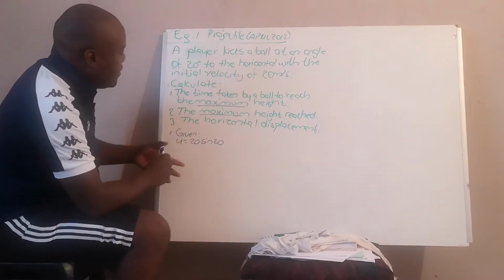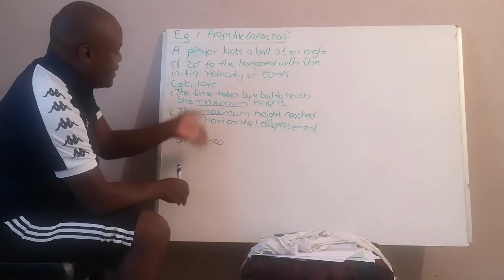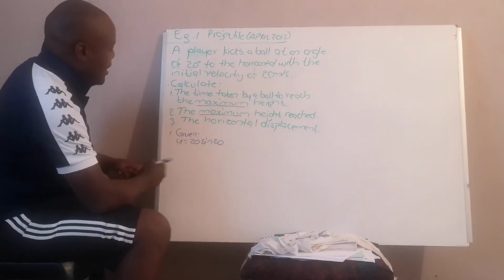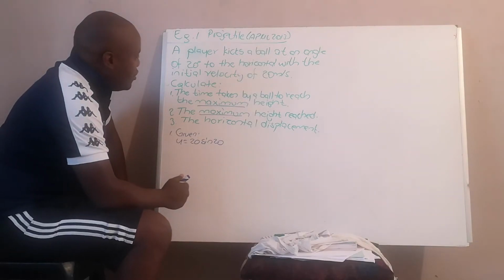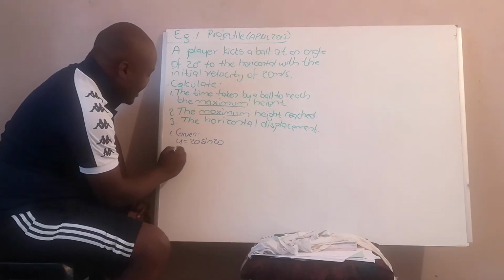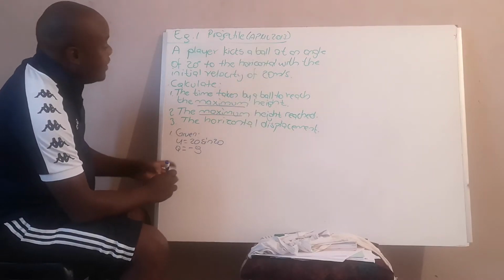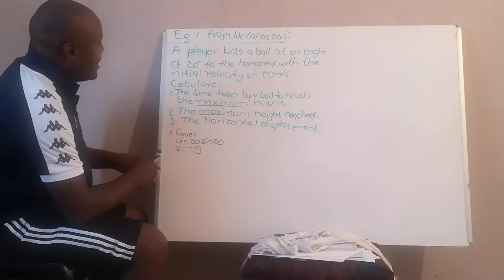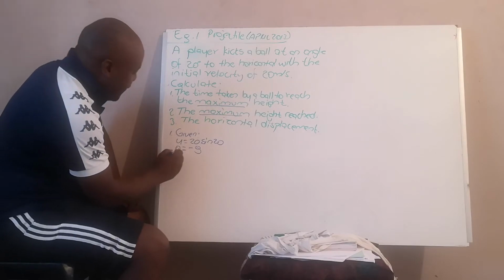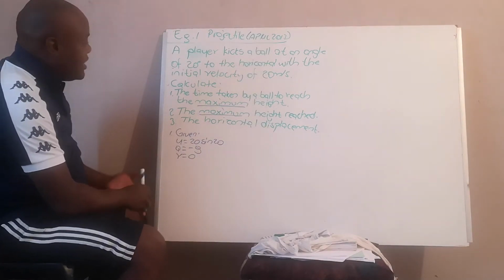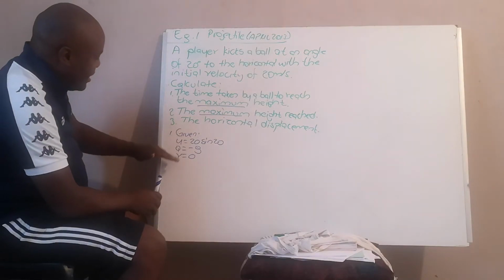You always use sine for the vertical component. And you also know your acceleration is negative g, so it's negative 9.8 if you're dealing with vertical movement. Since it's a maximum, it means your final velocity is also 0. So these are the 3 things that you have.